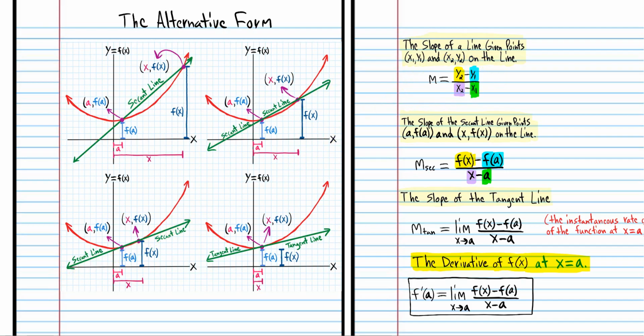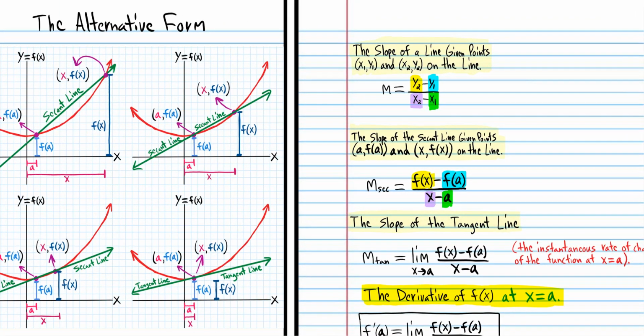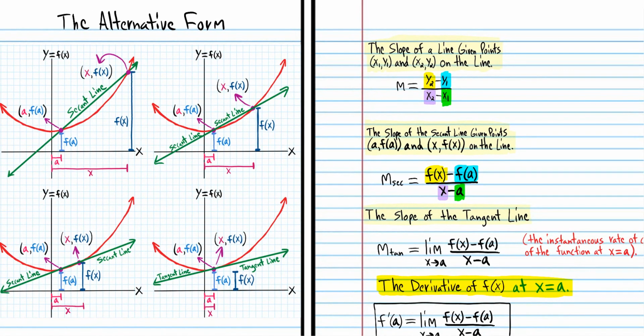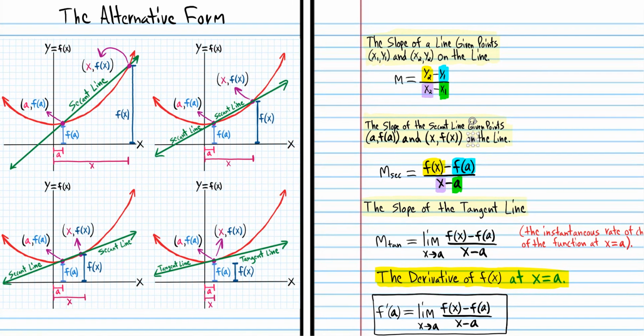But now, instead of using x plus h comma f of x plus h, and x comma f of x, we're going to use a comma f of a and x comma f of x. And we come up with this expression here. Again, you can just look at these 2 points. That's where we're coming up with that. This is the exact same thing we did before. It's just using a different type of notation.